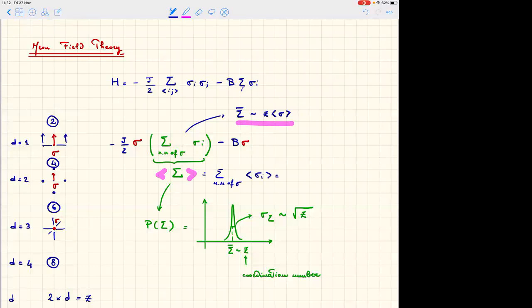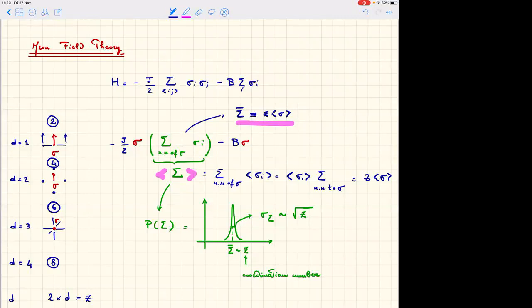The average of sigma is always the same, so it's the average of sigma times the sum over nearest neighbors, which is equal to z times the average of sigma. So you see, it is proportional to z. It's not equal to z, it's proportional to z. Clear? Oh, so the one you wrote on the upper side should be equal, not proportional then. Yeah, no, this is actually equal. Sorry.